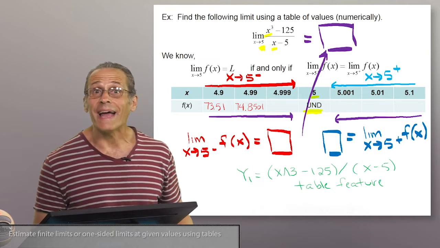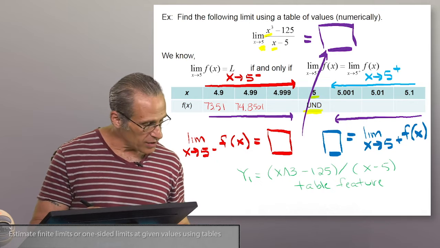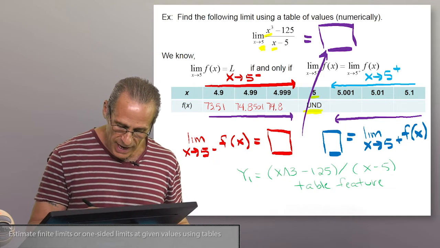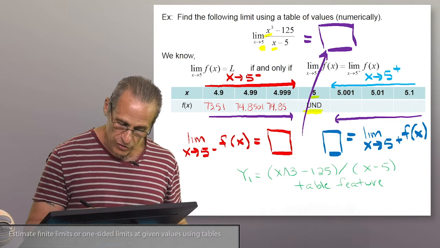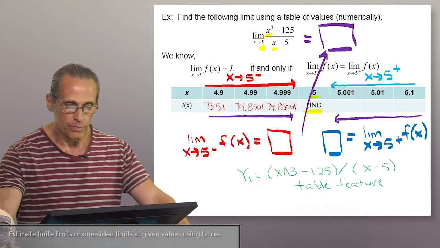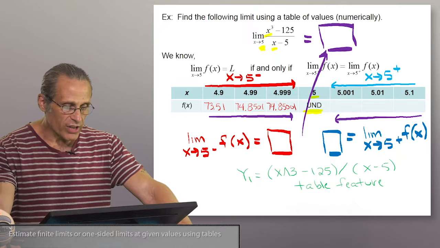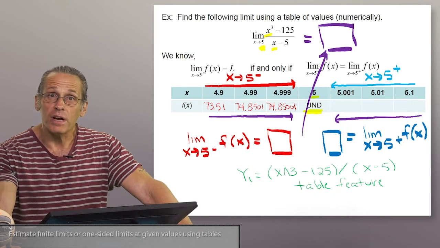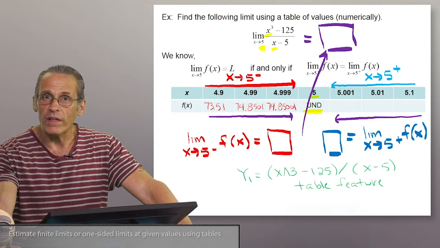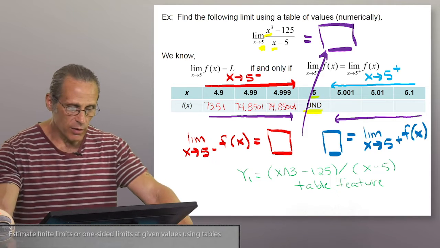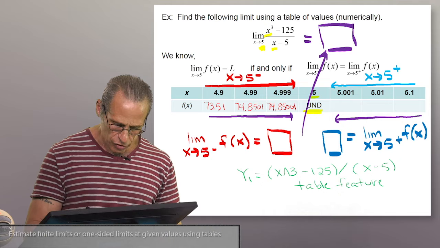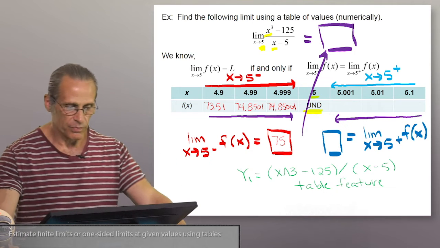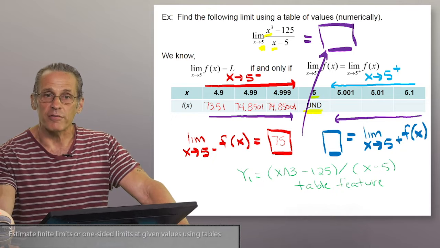And then for 4.999, the output is 74.850001. So when I look at those outputs, as I go from an input of 4.9 all the way through 4.999, those outputs seem like they're getting closer and closer to 75. So that's my left-hand limit as I approach 5.